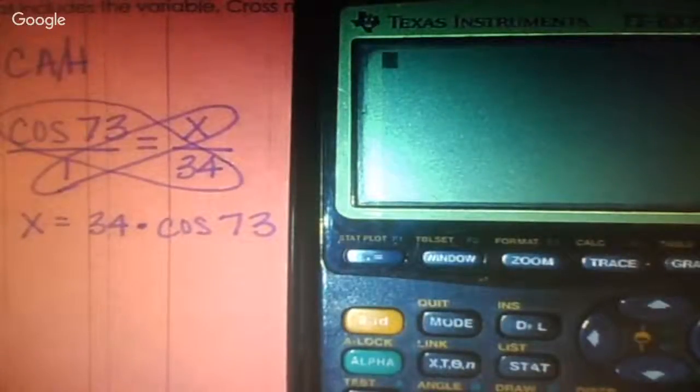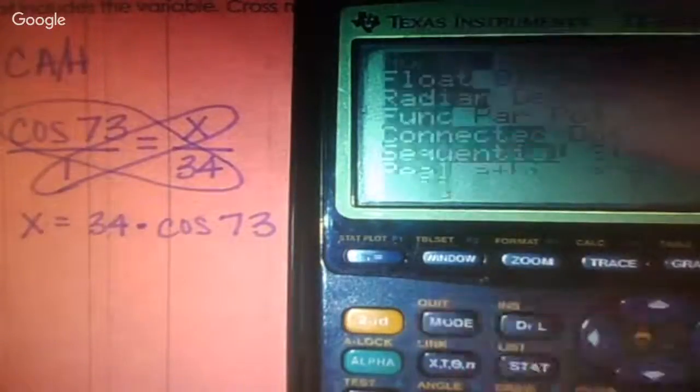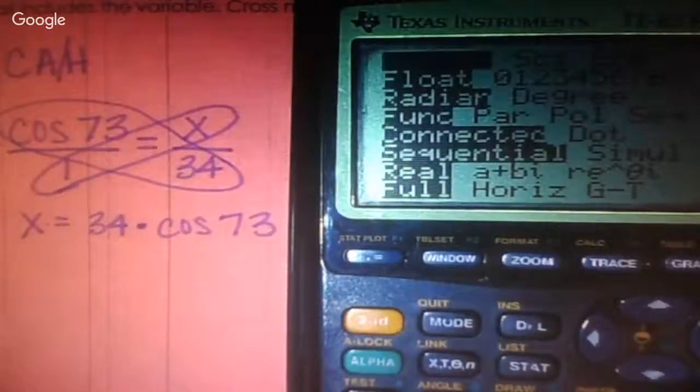So the first thing I want you to do when you sit down, your calculator will be on your desk, is hit mode. If you notice, the third space down, you see radian and degree.